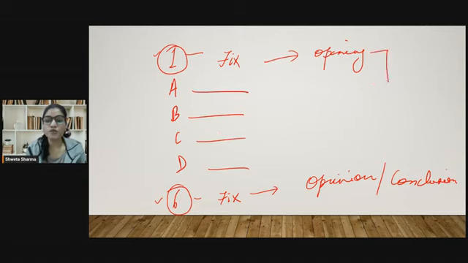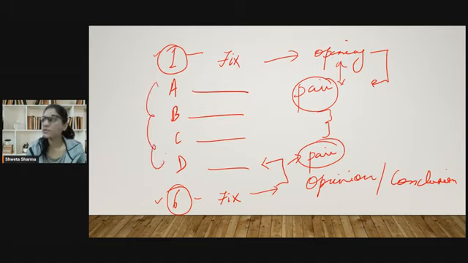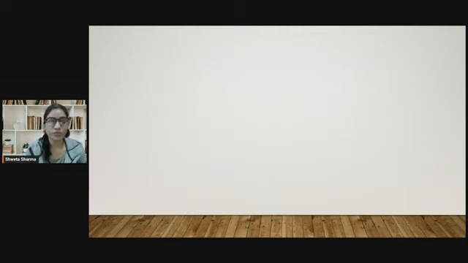I can look for a pair with the opening sentence, and a pair with the last, closing sentence, and of course unjumble the 4 sentences in the middle. So how do we go about solving these questions?